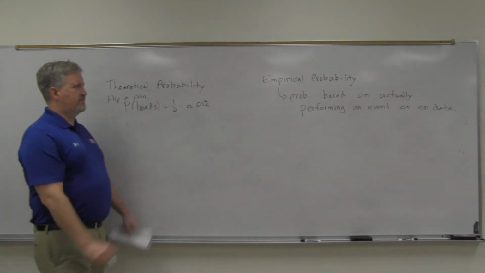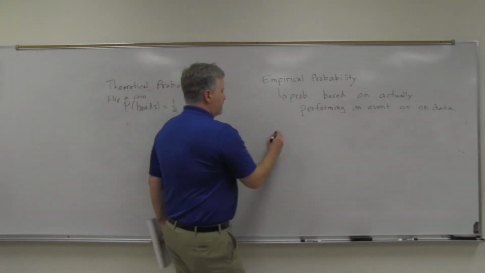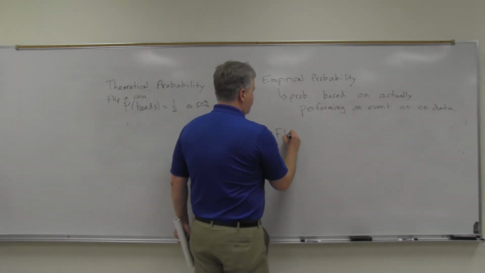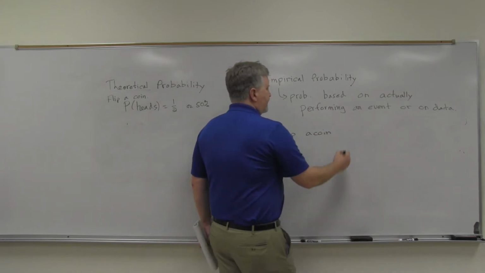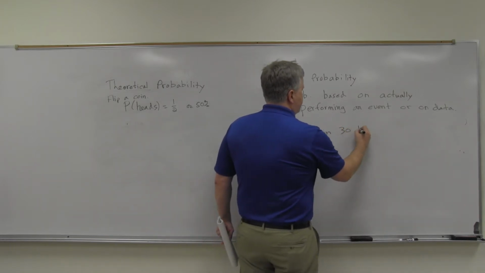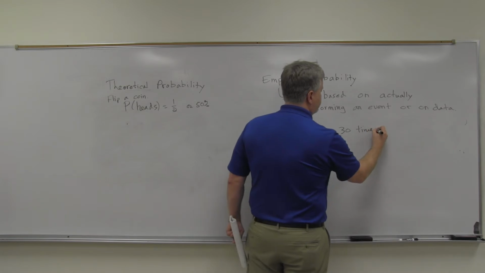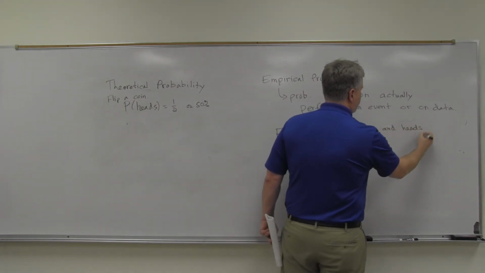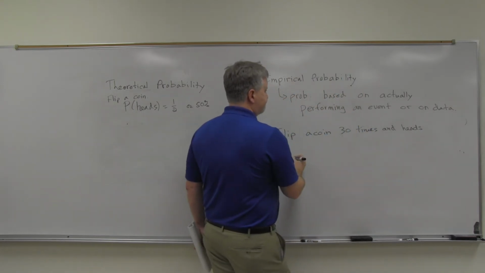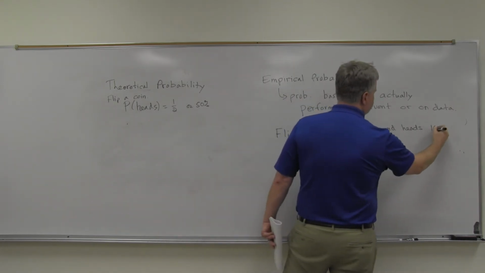So just to give you an example of that, all right, let's use our flip a coin. Let's say we flip a coin 30 times and get heads 16 times.